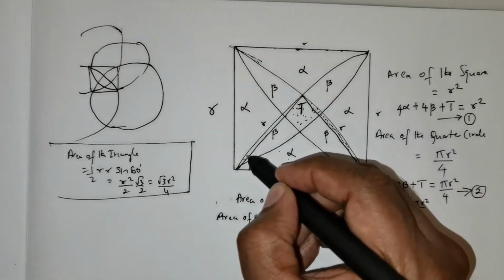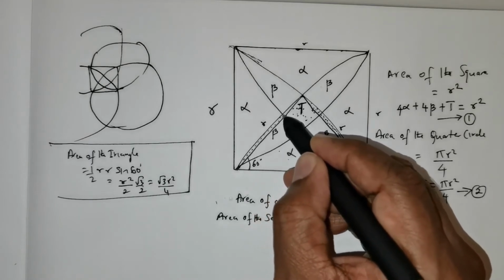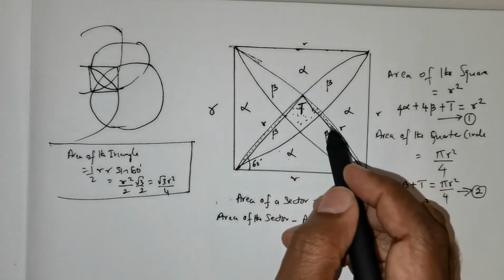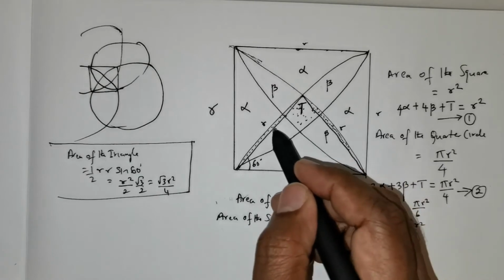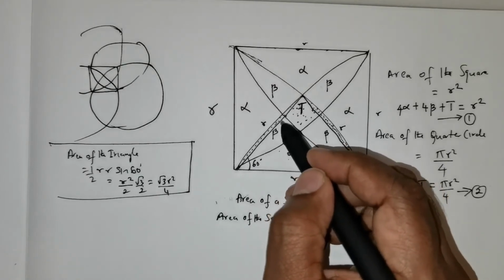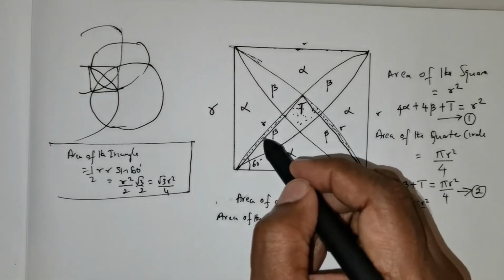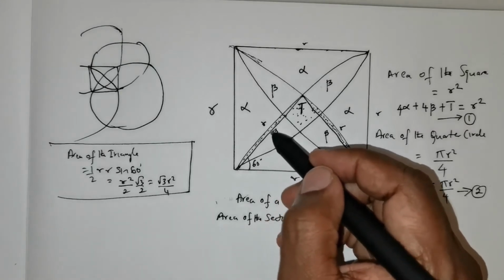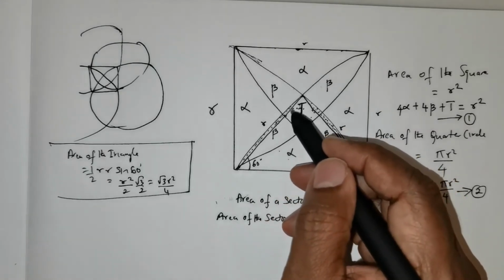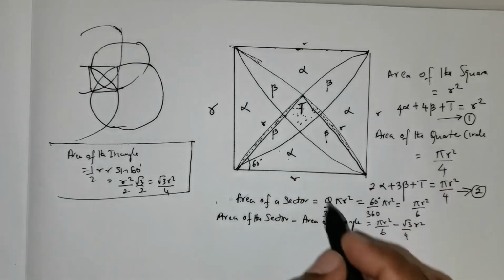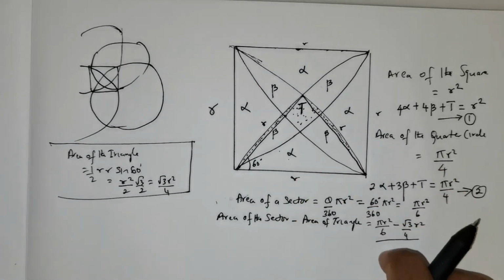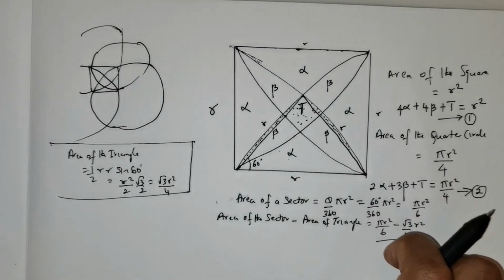Now you can clearly see that there is also a shaded region here. So this shaded region's area will be same as this shaded region area. So in other words, this shaded region area which you see here will also be the same value that we have just obtained.